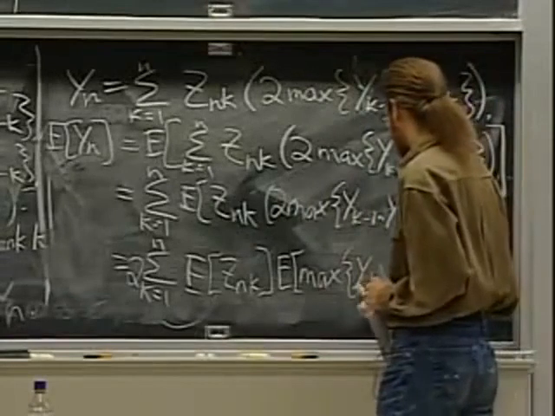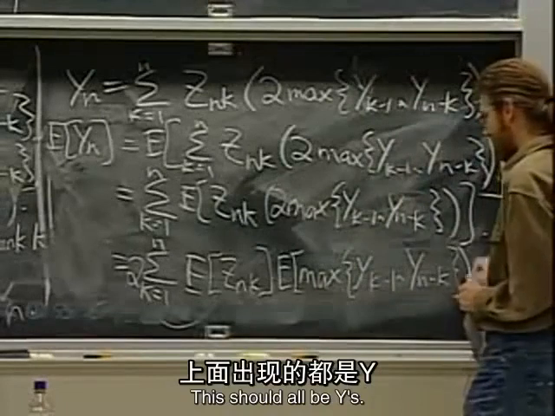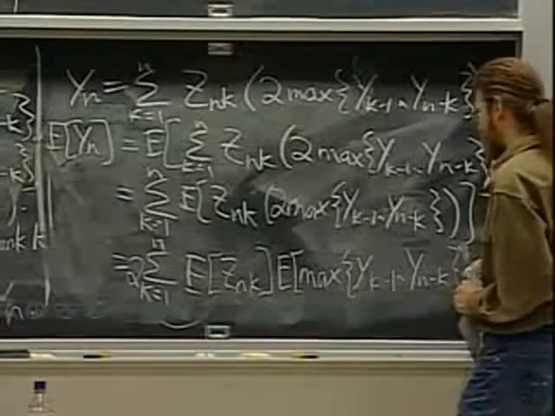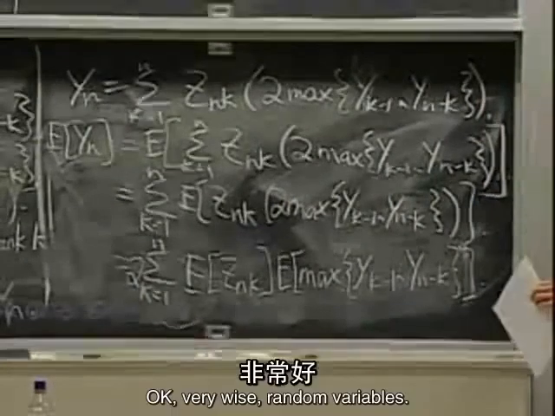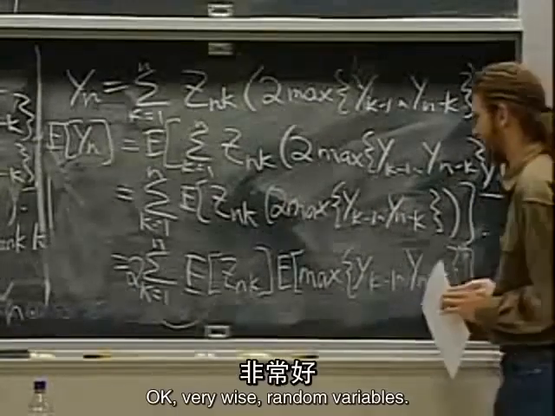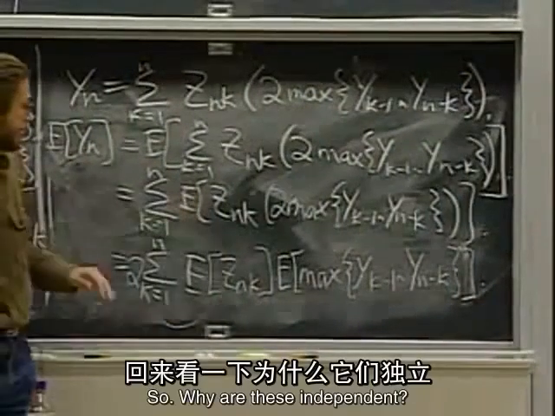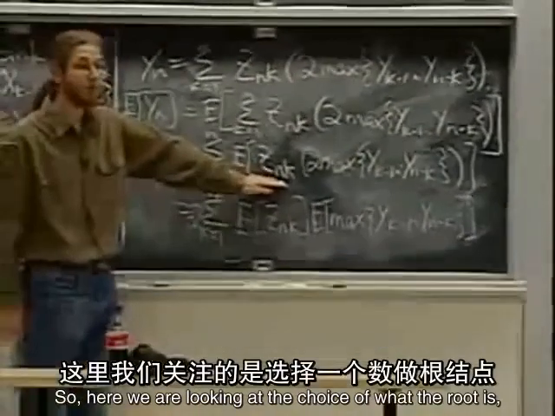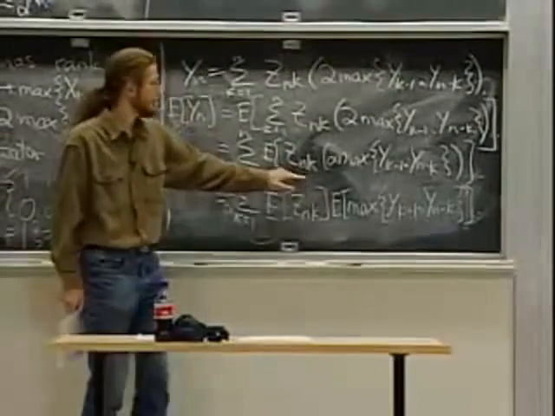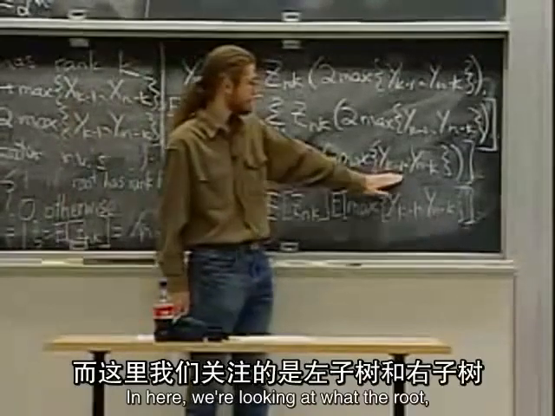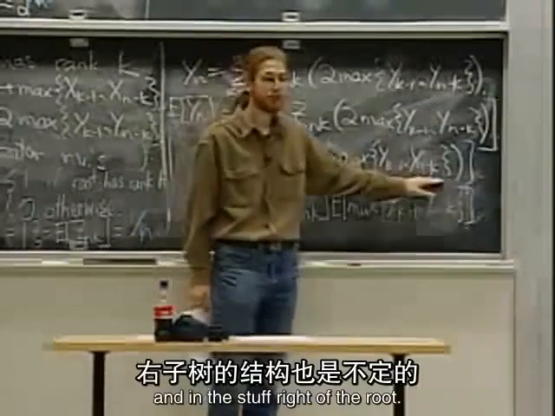My y's are starting to look like x's. I can't even read them. Sorry about that. It should all be y's. Okay. Very wise random variables. So why are these independent? Here we're looking at the choice of what rank the root has in a problem of size n. In here, there are various choices of what the search tree looks like in the stuff left of the root and in the stuff right of the root.